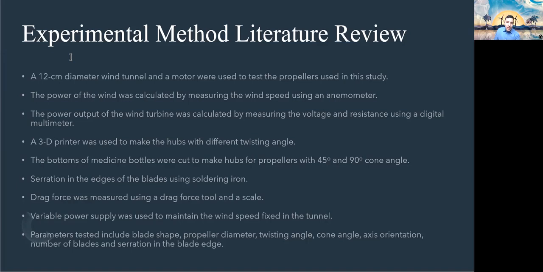And then this is how I did the hubs. For example, one of them I used a 3D printer, and one of them I used the bottom of medicine bottles, and the seriation I did using a soldering iron, and so on. Also I measured the drag force, which was done using a drag force tool and a scale.